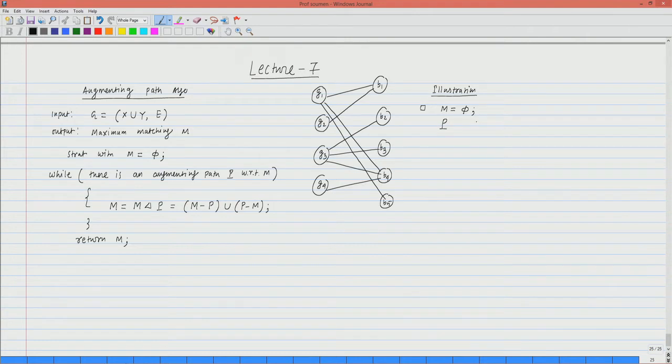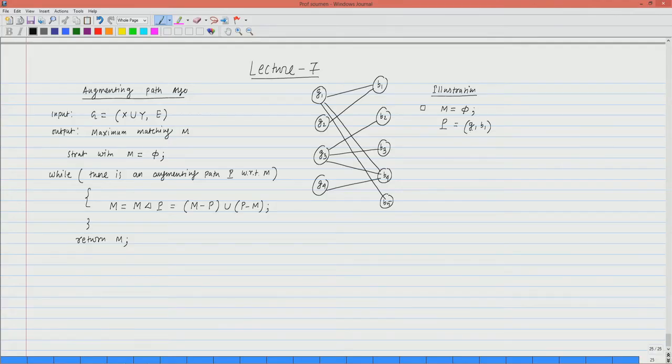Okay. So, here the augmenting path could be just any, since all the edges are unmatched. You can just pick any one edge arbitrarily. Let me pick say G1 B1. This is an augmenting path because an augmenting path is an alternating path which starts and ends at unmatched vertices.